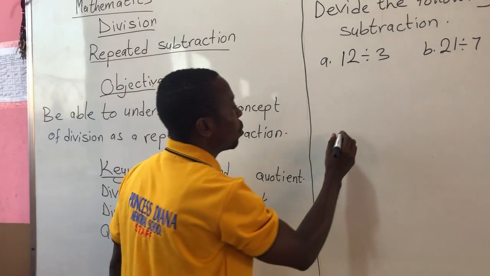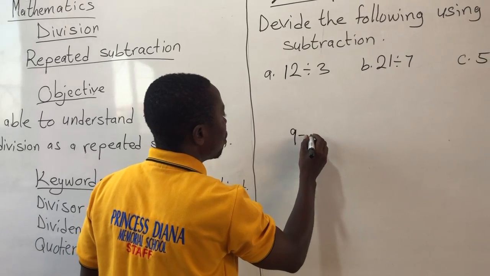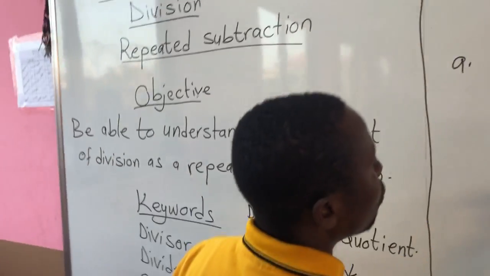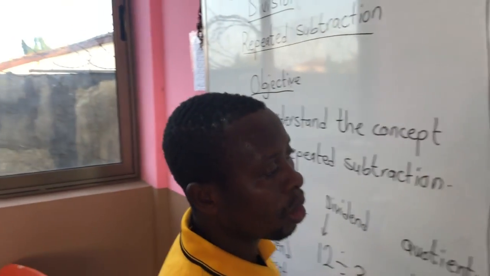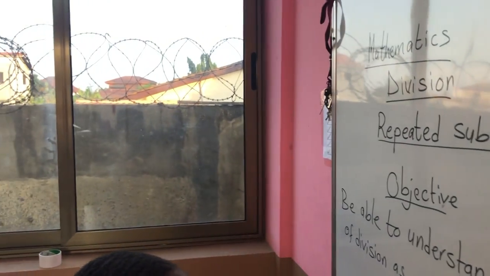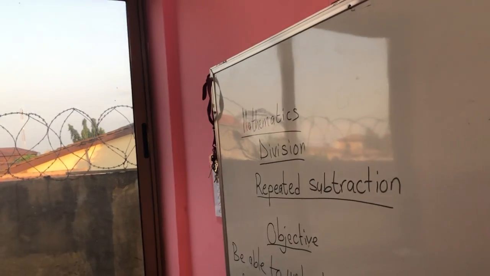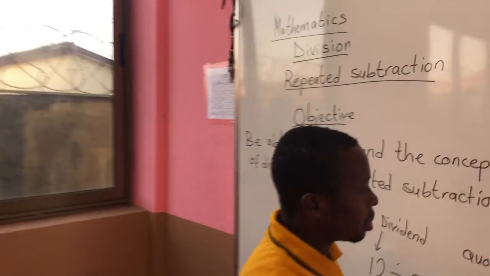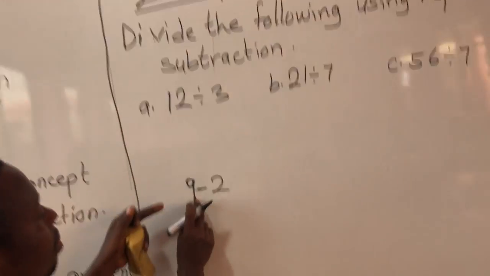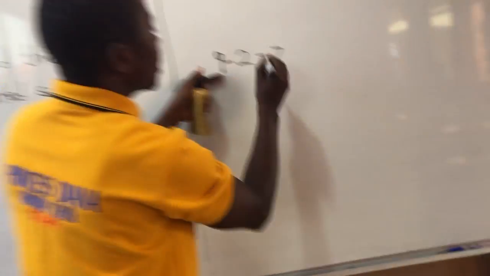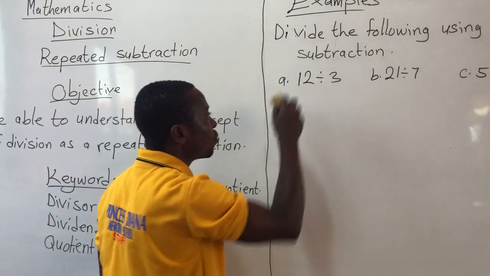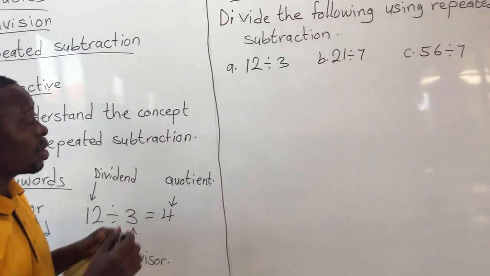When we have to subtract 2 from 9, we know how we do it. 9 minus 2 will give us 7.